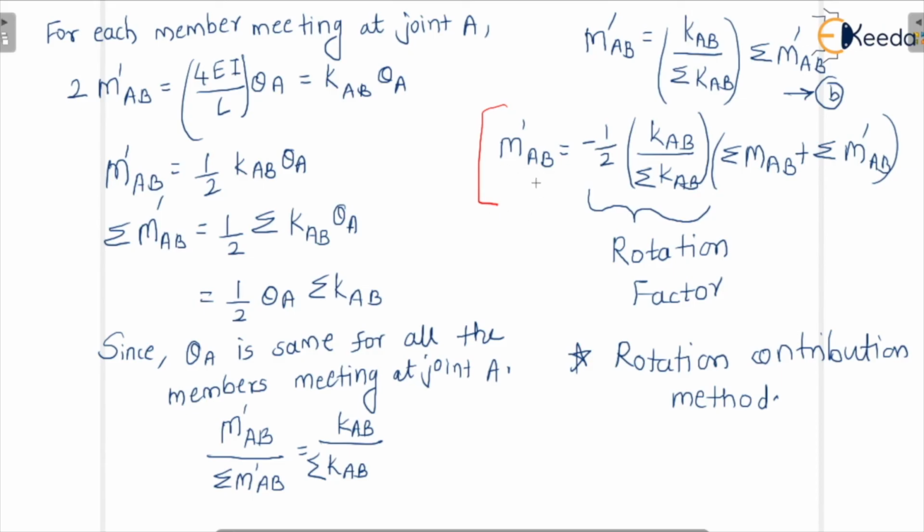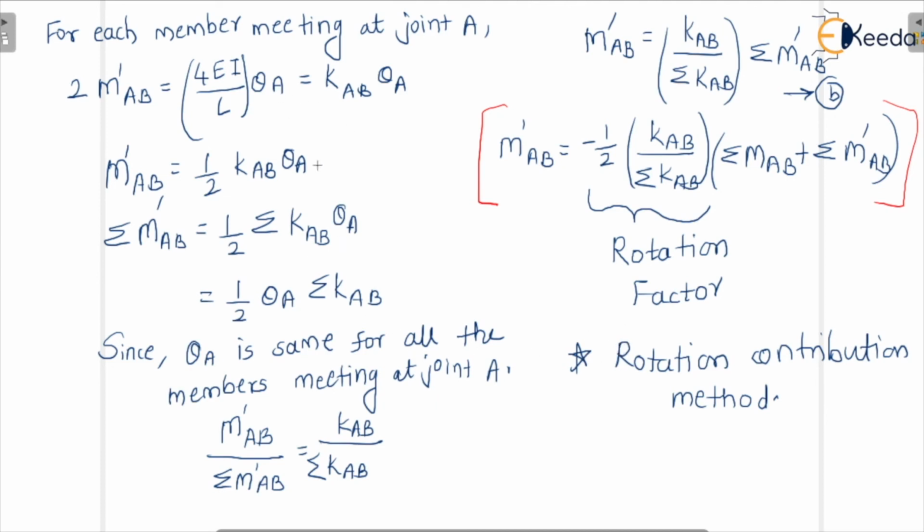Like this we calculate the near end rotation contributions for the next joint, taking the far end contribution. Anyway, when we solve the question practically, it will become more clear, as we do this cycle at every step.